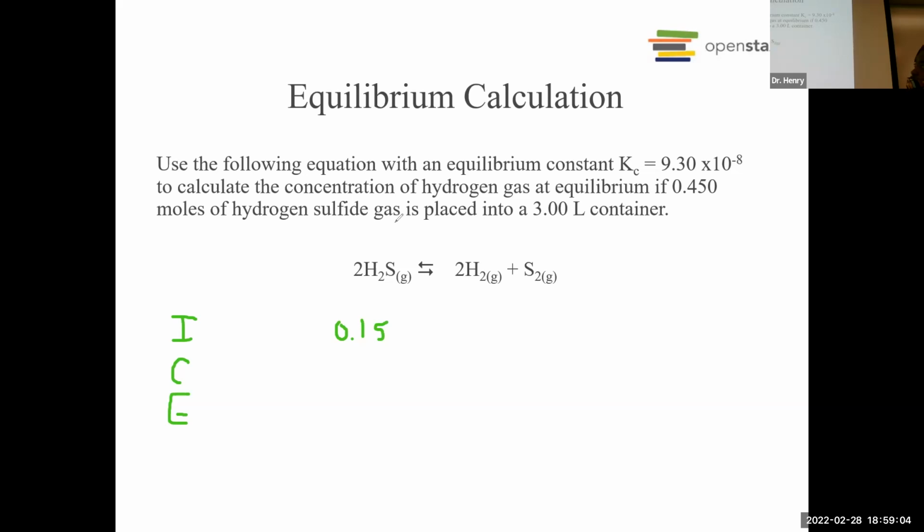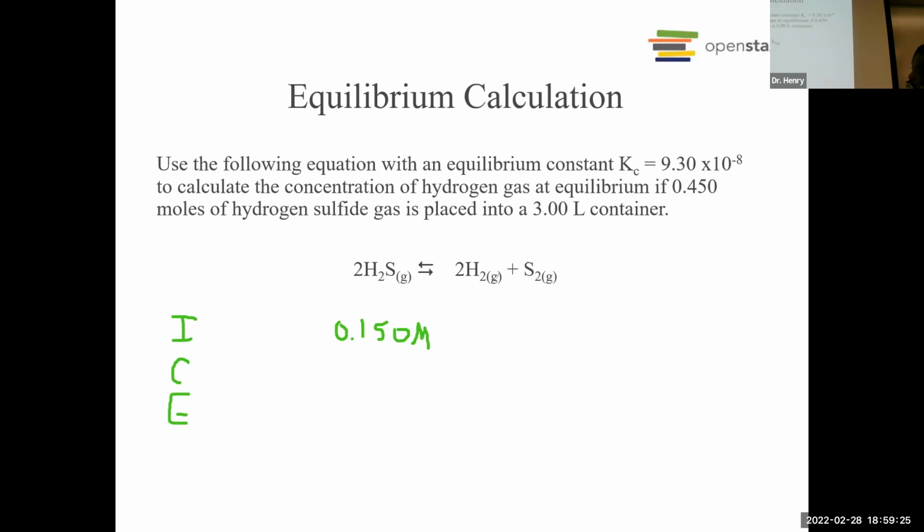But that's the number of moles, right? So if we want concentration, then we need to put it as molar, that's right. That's moles per liter, right?